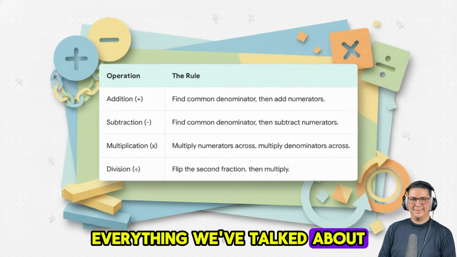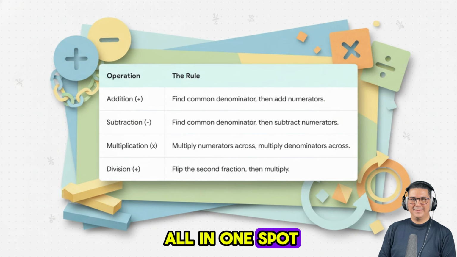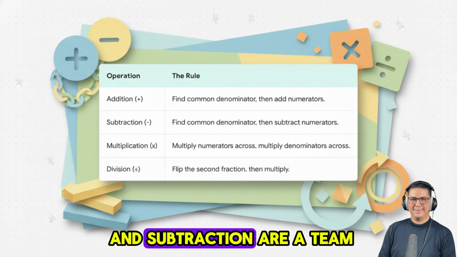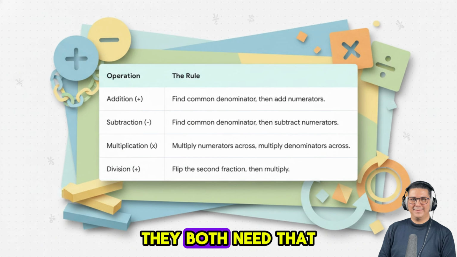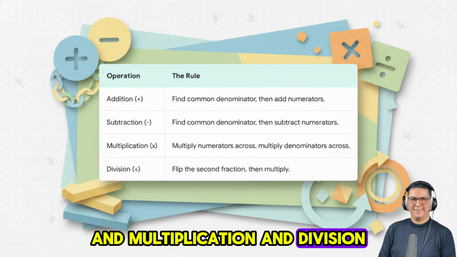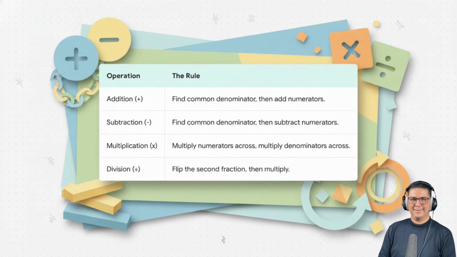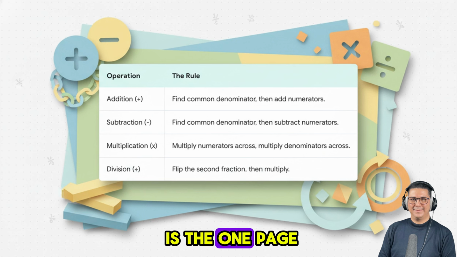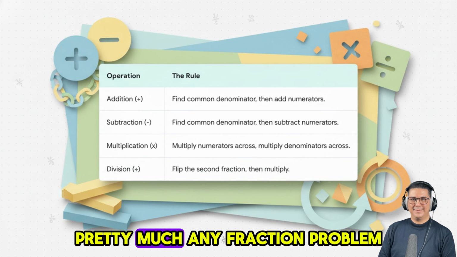Everything we've talked about all in one spot. You can see addition and subtraction are a team. They both need that common denominator. And multiplication and division are their own team. This is the one-page guide to solving pretty much any fraction problem.